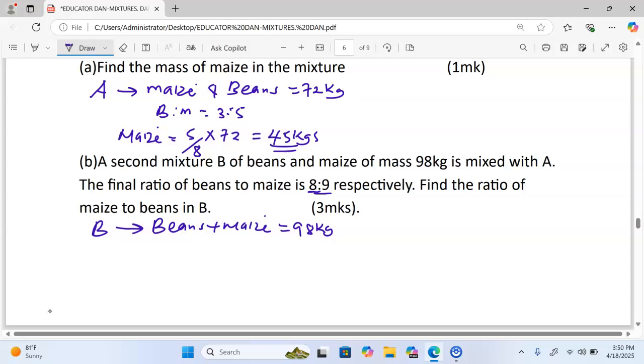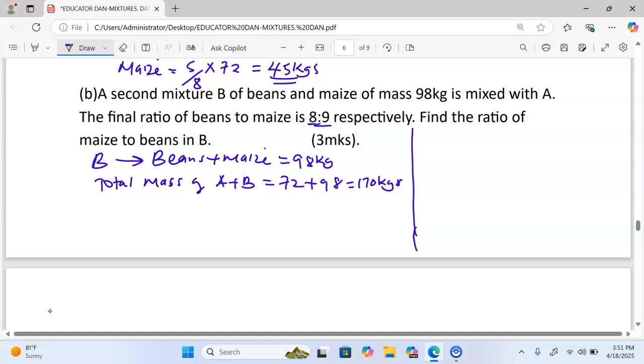We have mixed A and B so that the total mass of the mixture, that is of A and B, will give us 72 plus 98, giving us a total of 170 kgs. From there now, I think we are good to go.